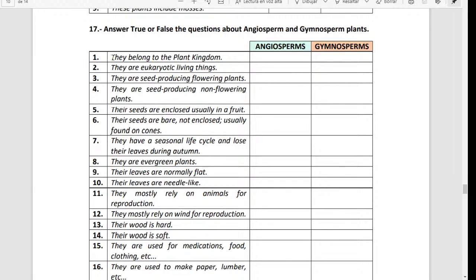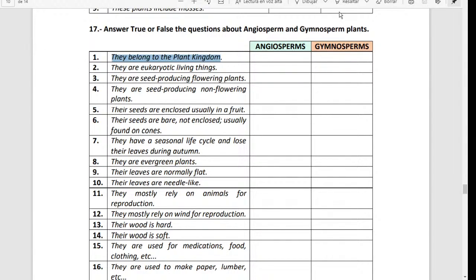Number one, talking about plants that belong to the plant kingdom. You can take angiosperm, you can take gymnosperm, or you can tick both. So you can put true, true, or false, false.